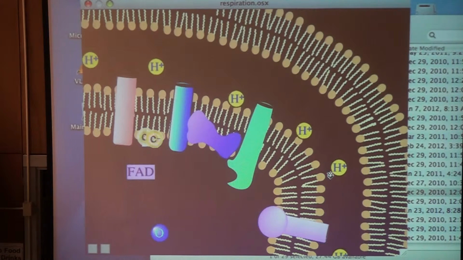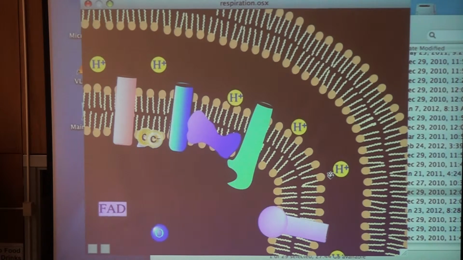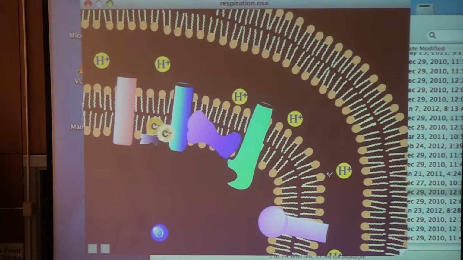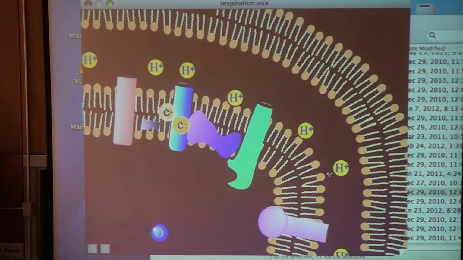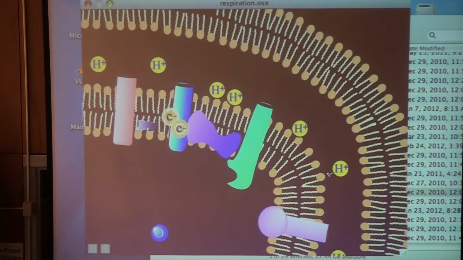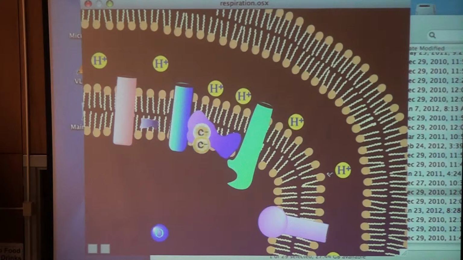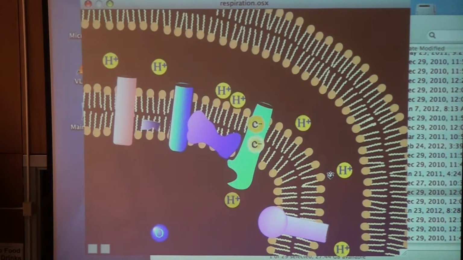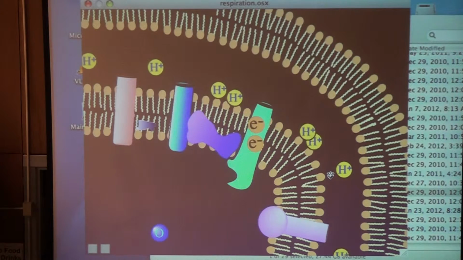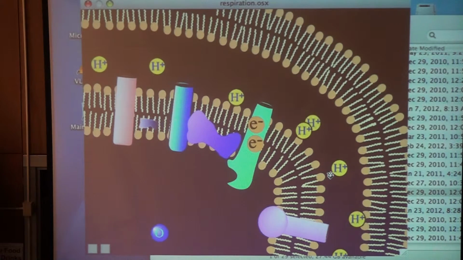I think you're on the right track, but don't forget that these ATPs from the electron transport system are not the only ATPs that are made from the glucose. Don't forget these 4 ATPs as well.